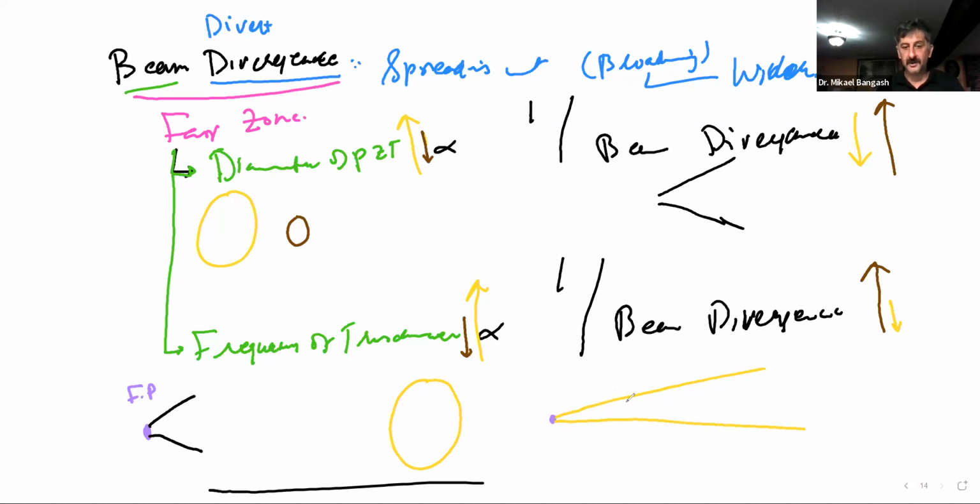So what is it that we actually see here? The beam remains narrow for a greater distance into the far zone.